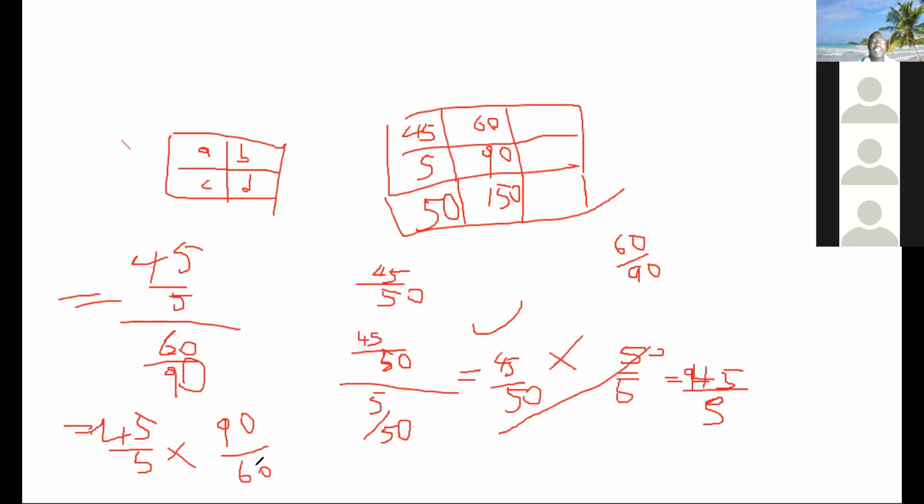When you calculate it, you see, if you remember, A is 45, D is 90, and 5 is C, and 60 is B. That is why they say it's the cross product. It's just to make it easy.